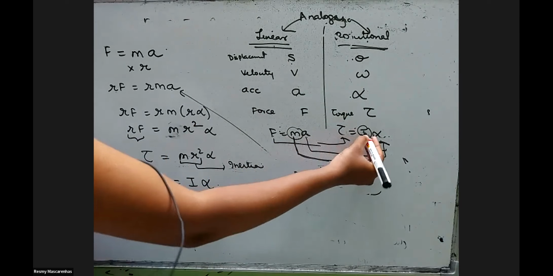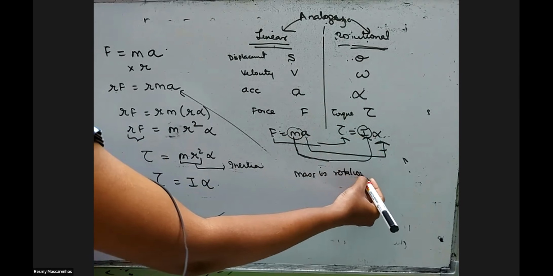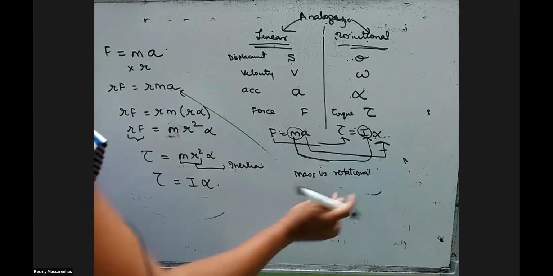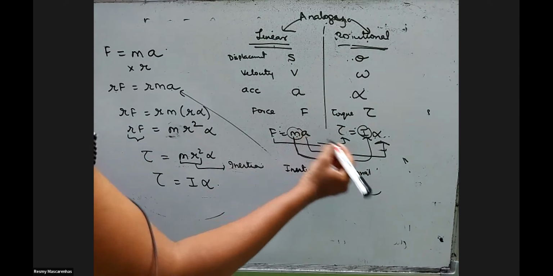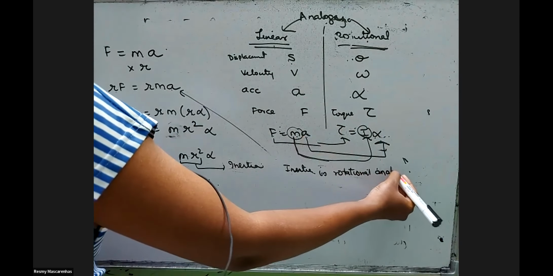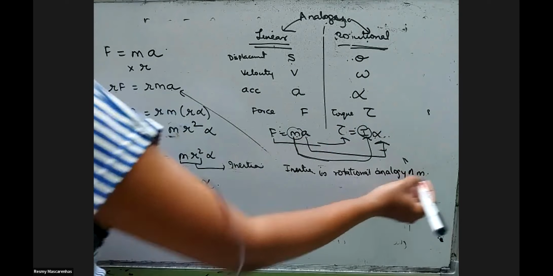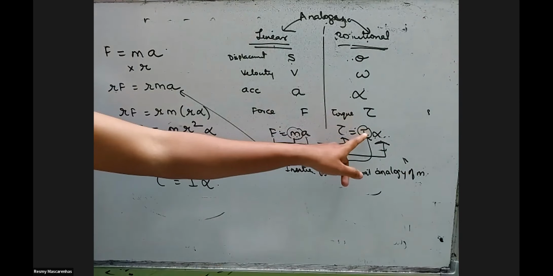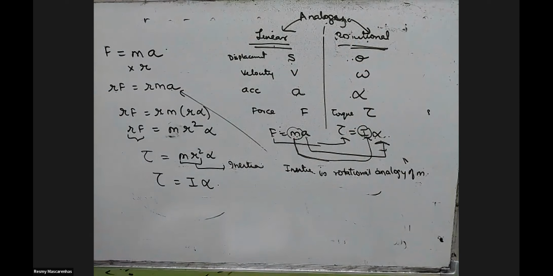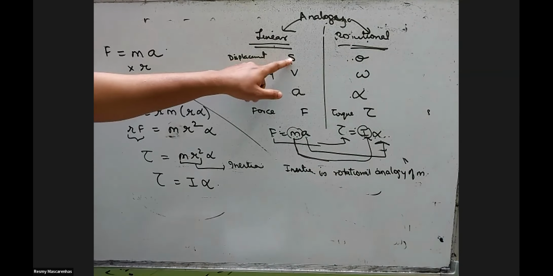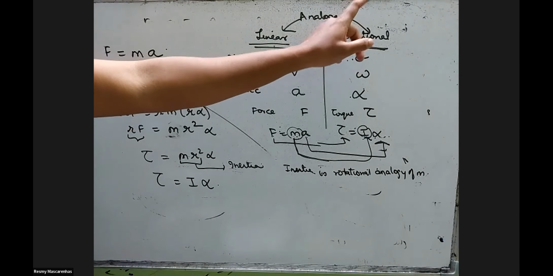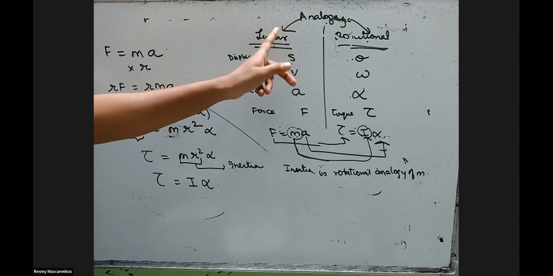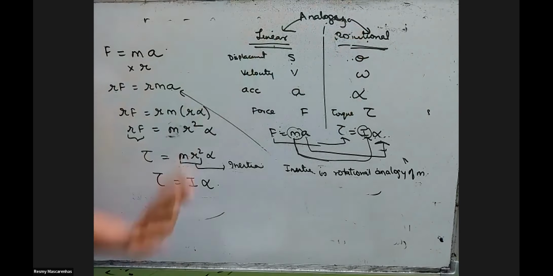So that's why inertia is the rotational analogy of mass. So mass in linear is equal to inertia in rotational. Just as S is distance in linear, theta is the displacement in rotational; V is velocity in linear, omega is angular velocity in rotational.